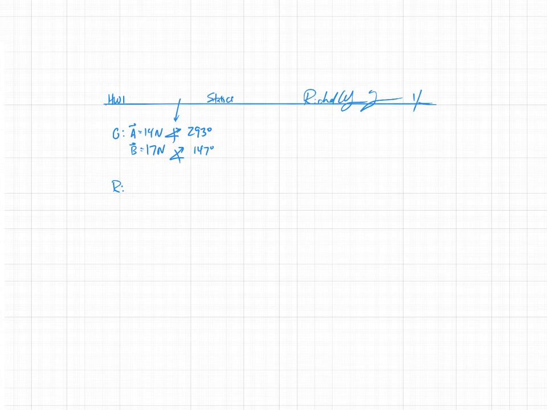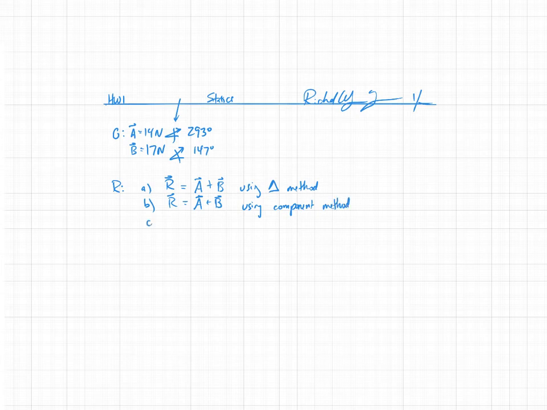Okay, required. So we want to know what is the resultant of A plus B using the triangle method. Okay, and then B, we want to know the resultant equals A plus B using the component method.